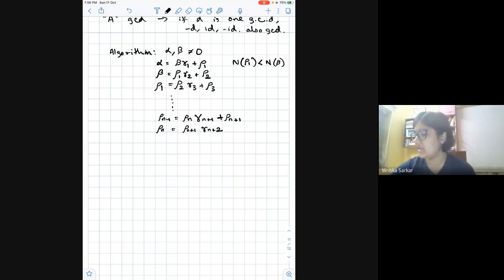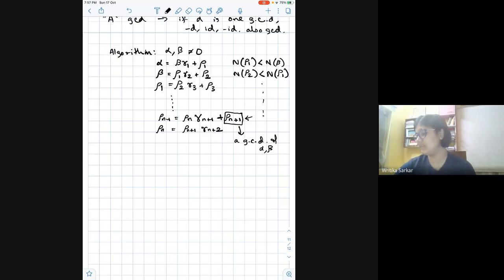But at every point the norm of the remainder is decreasing: the norm of rho 1 is less than the norm of beta, then the norm of rho 2 is less than the norm of rho 1, strictly, and this keeps going. So at one point the norm is going to hit 0, at which point the remainder becomes 0. In the penultimate step you have the last non-zero remainder, and the claim is that this is a greatest common divisor of alpha and beta.